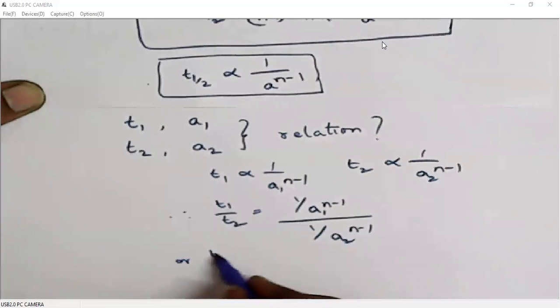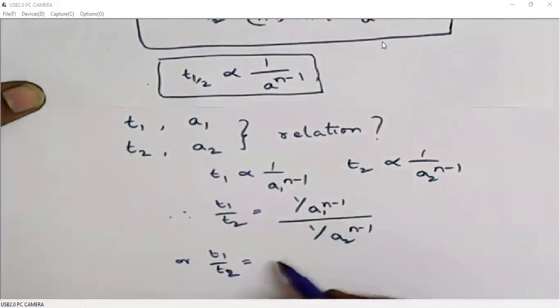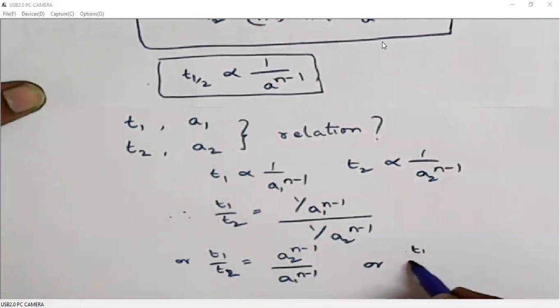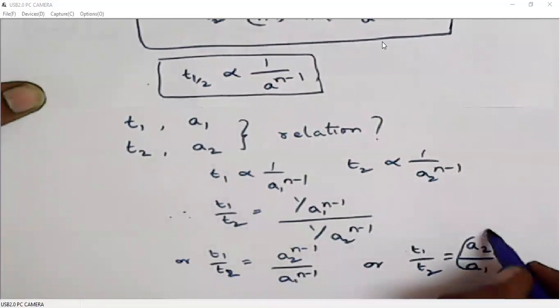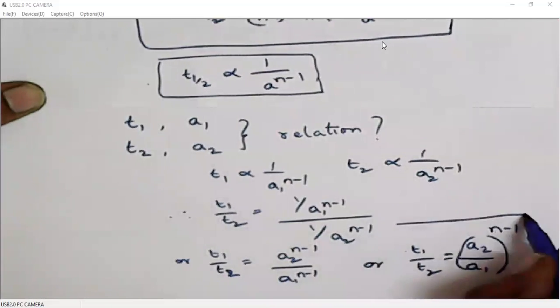So T half of the first reaction by T half of the second reaction is equal to A2 power n minus 1 by A1 power n minus 1, or simply the initial concentration of the second reaction by the initial concentration of the first reaction, whole power n minus 1.